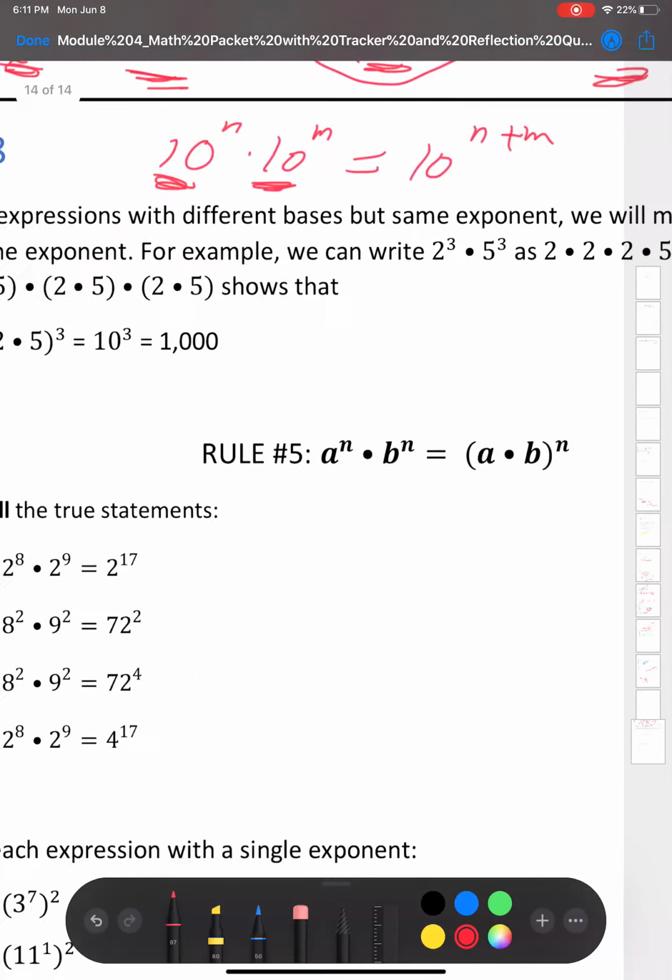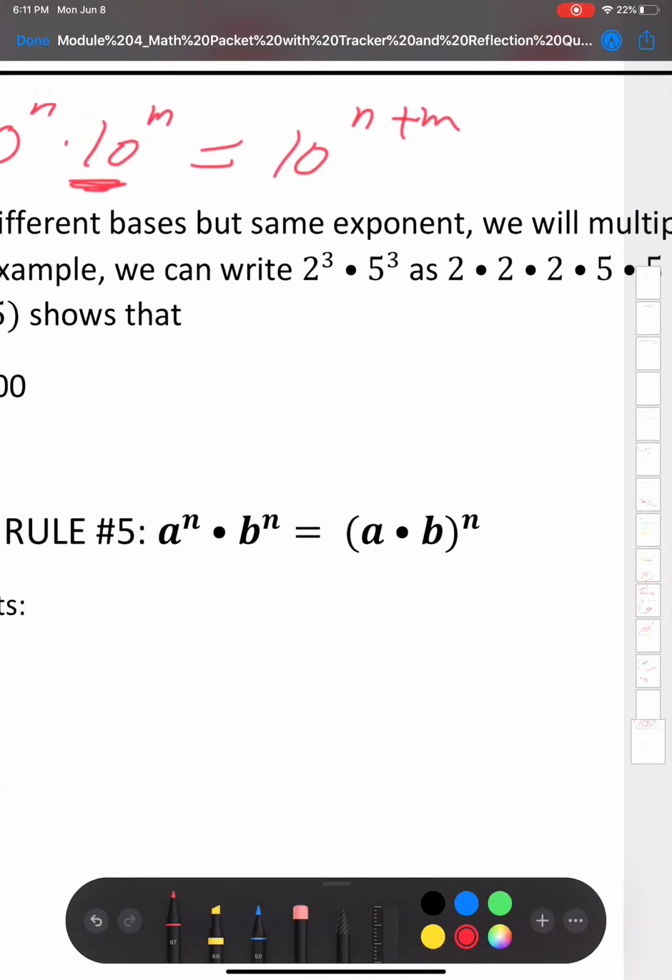If you look at this right here, we have 2 to the 3rd power times 5 to the 3rd power. In this case, clearly we do not have the same base. One base is 2, the second one is 5. So what do we do in this situation?